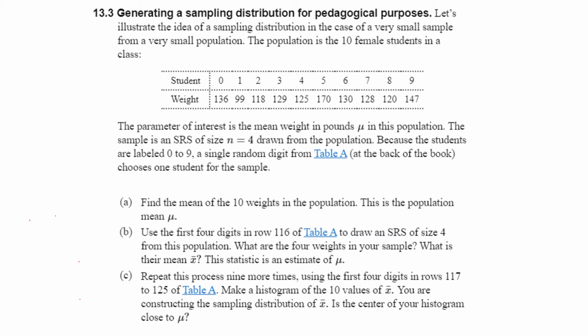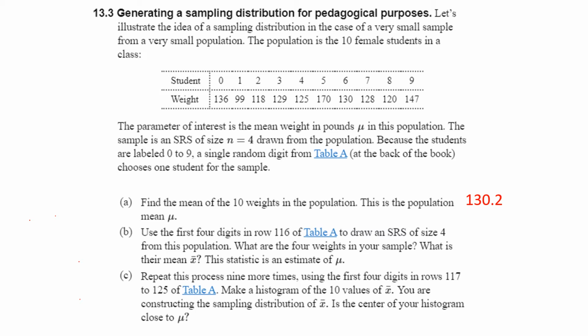The mean of the whole population is mu. So when you add them up and divide by 10, you will get the mean mu as 130.2. So that is the answer for A. Find the mean of the 10 weights of this population, and that is the value for mu.